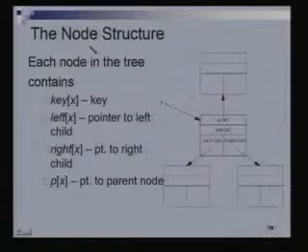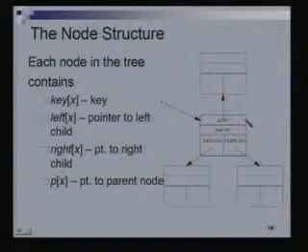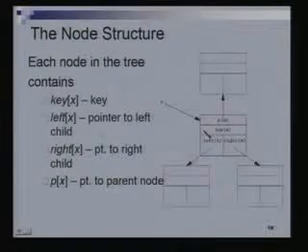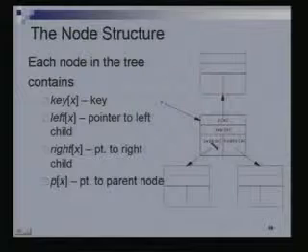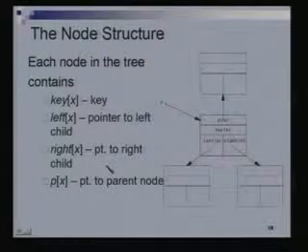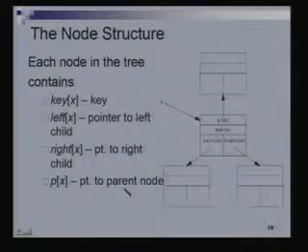What is the node structure in a binary tree? What kind of data would you keep in an object corresponding to a node of the binary tree? You would have a reference to the left child, a reference to the right child, and typically a reference to the parent.